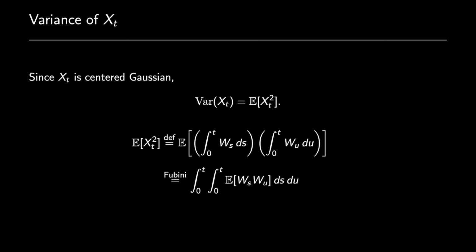At this point, we apply Fubini's theorem, which allows us to move the expectation inside the double integral. Now we need to compute the expectation of W_s times W_u, but we know the covariance structure of Brownian motion. For any two times s and u, the expectation of W_s times W_u is equal to the minimum between s and u. We now compute explicitly this double integral.